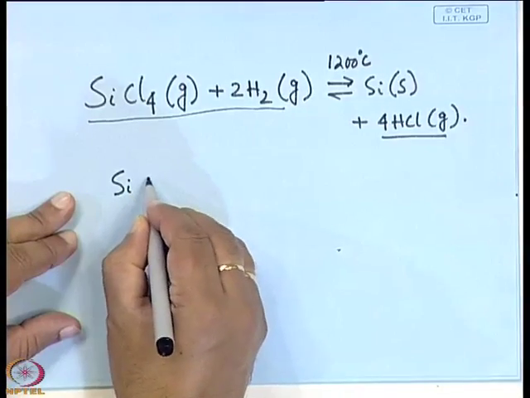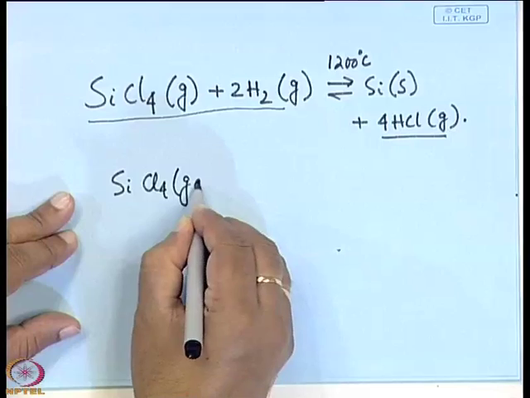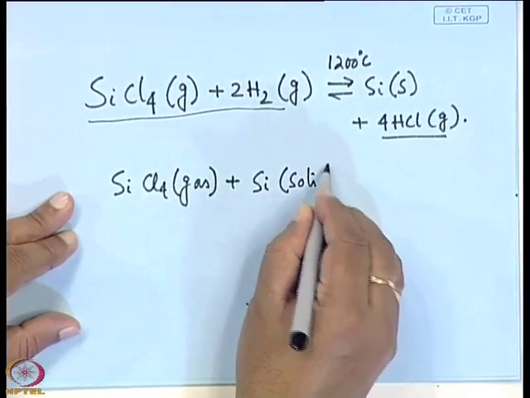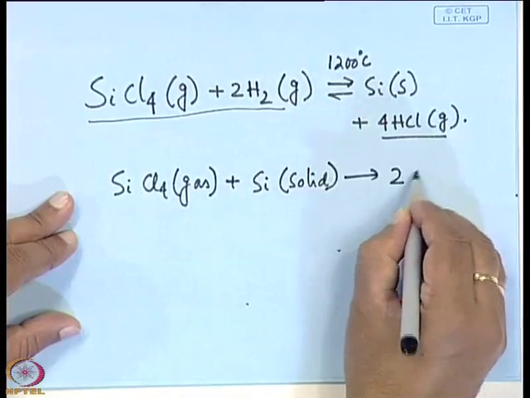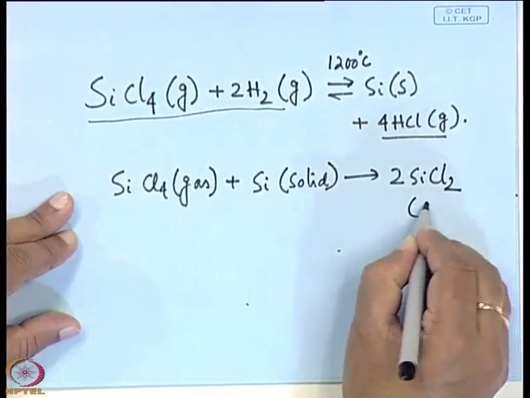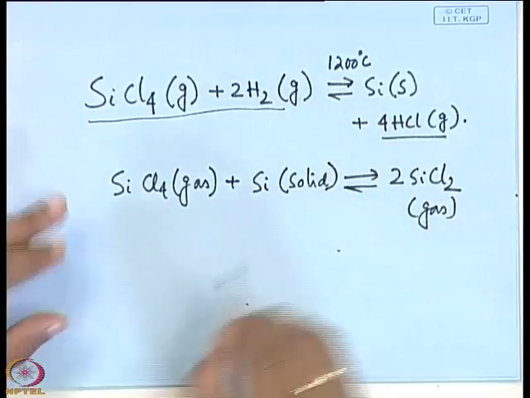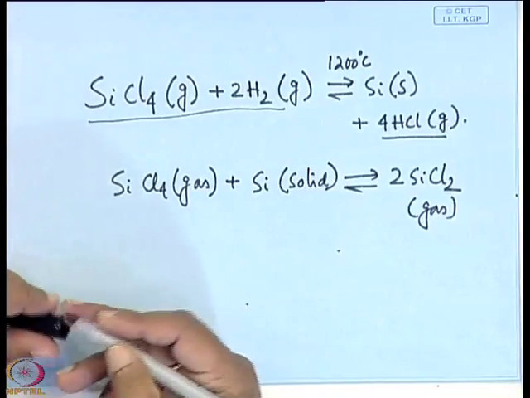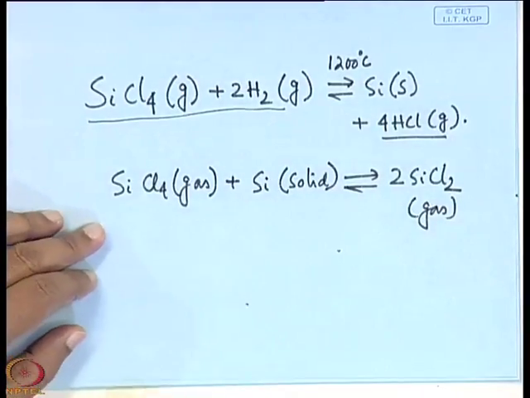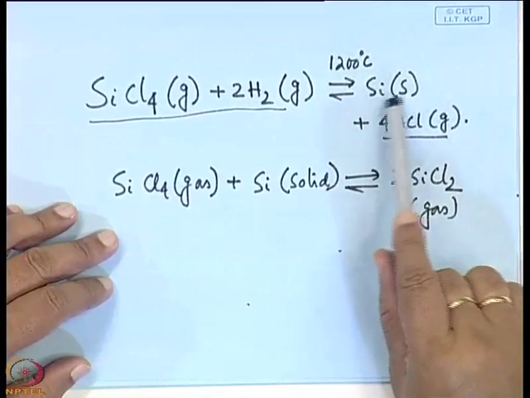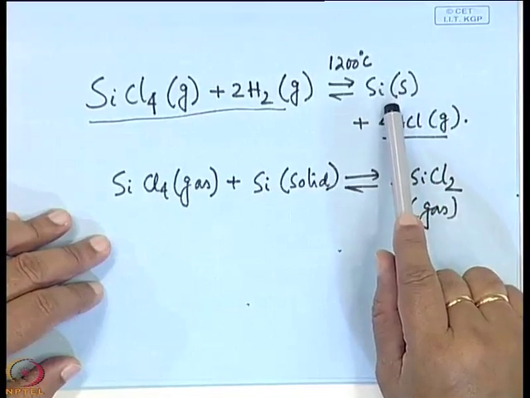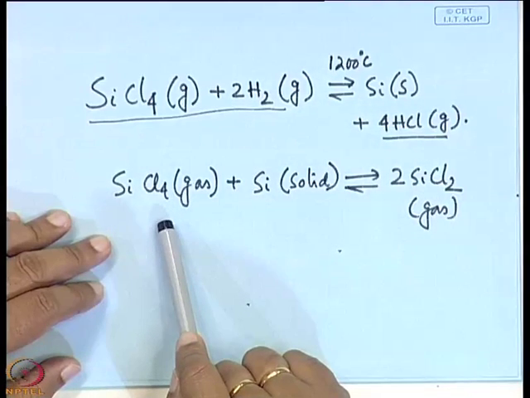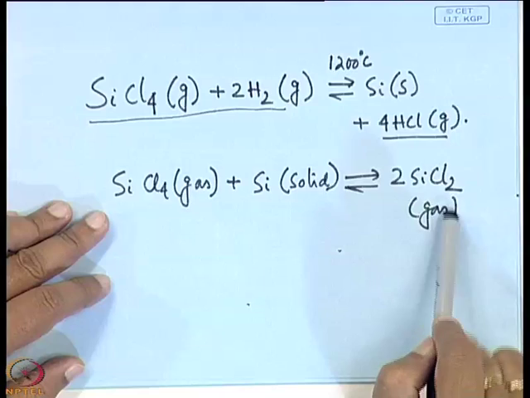And another thing is that this SiCl4 gas, when it reacts with silicon solid, SiCl2 gas is formed. So, what we see from this reaction? We see that this solid silicon which you have formed can react with silicon tetrachloride to form SiCl2 gas.